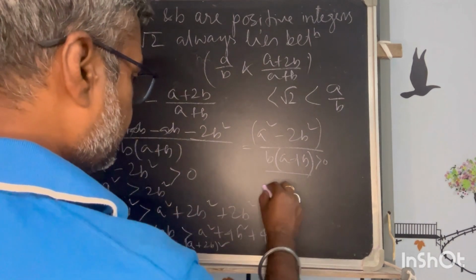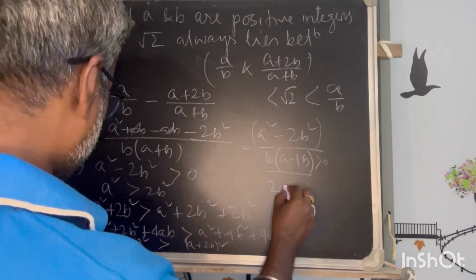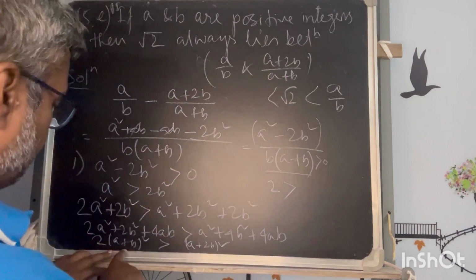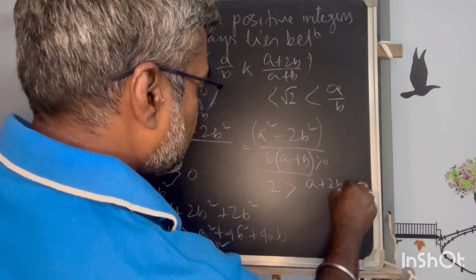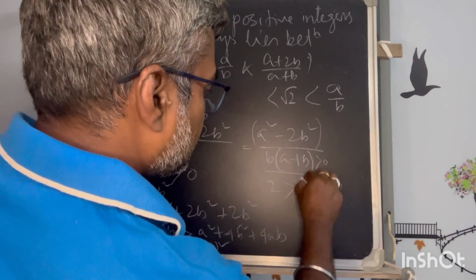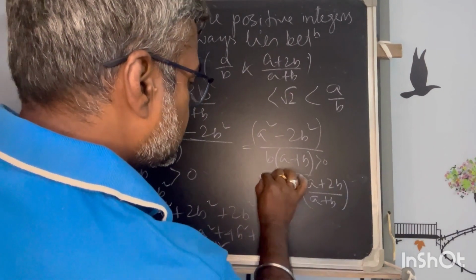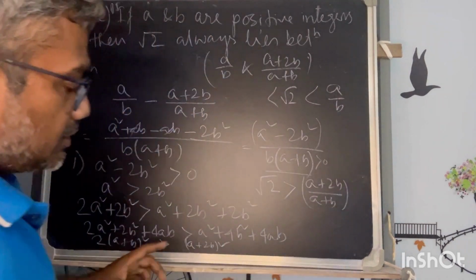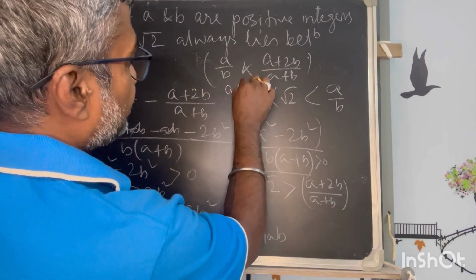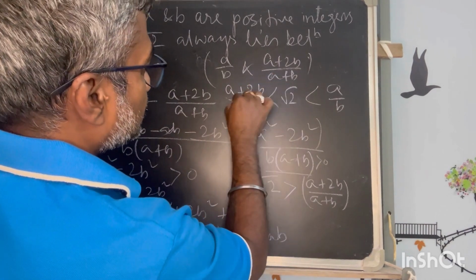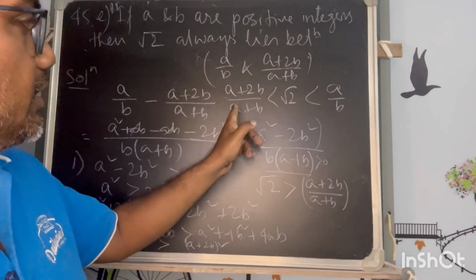So this becomes, now 2 I take one side, I will divide with a plus b whole square. So I am doing the same operation, so a plus 2b by a plus b whole square. Now take a root of that, so this is square root and this will become, now see root 2 is greater than this, so my lower range I found. So this can be proved, root 2 is in between this.